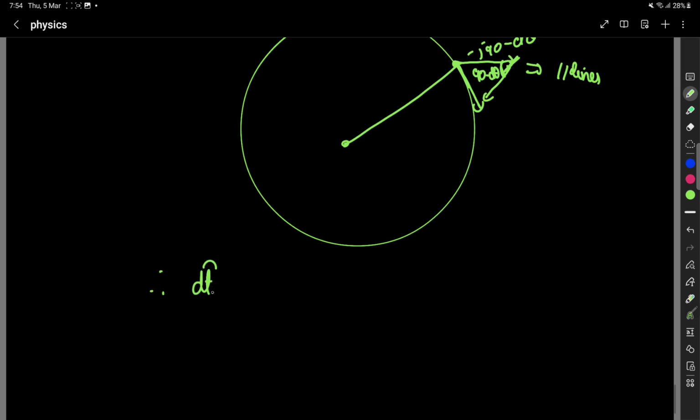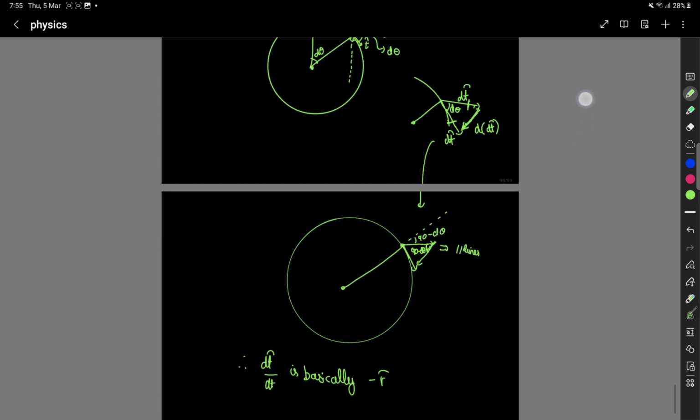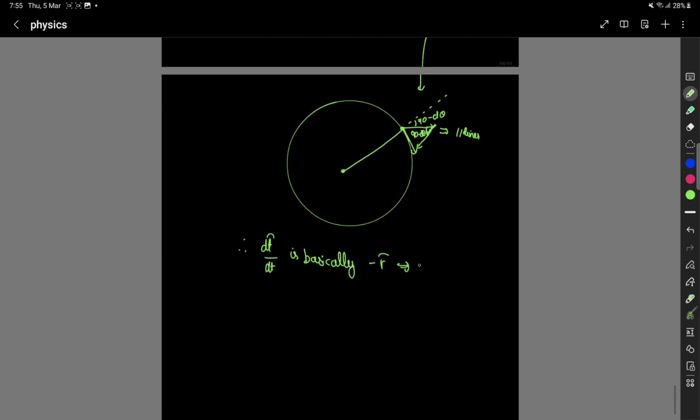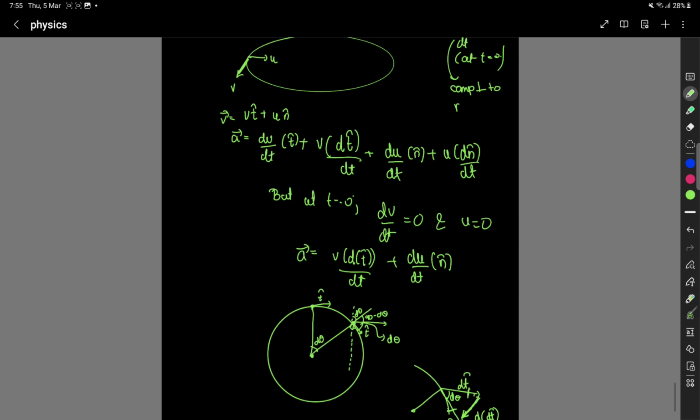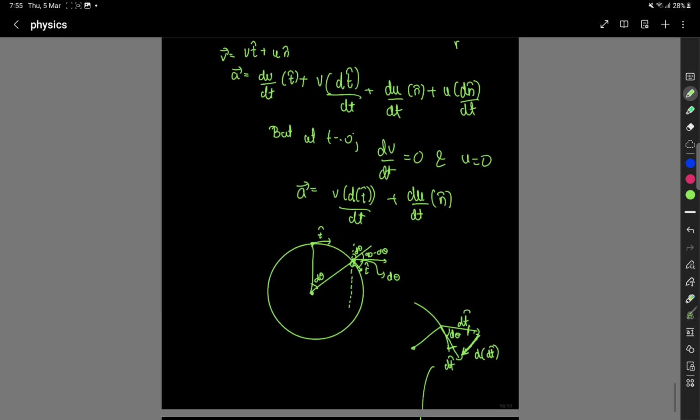Therefore, the dt cap by dt is basically minus r cap, which is nothing but n cap. So that is a proof that it is n cap.